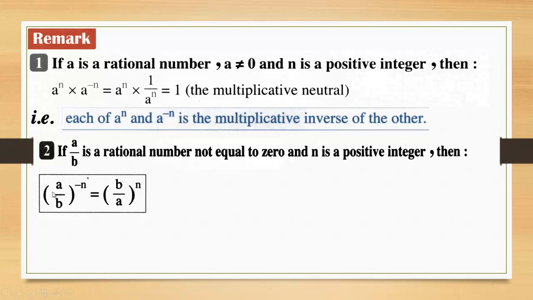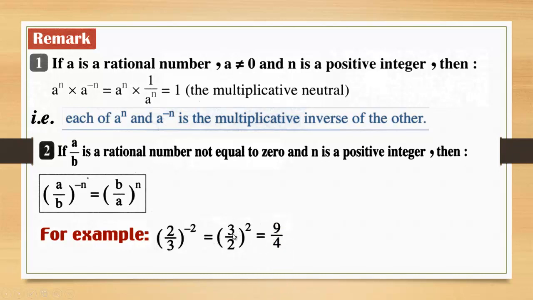What do we do? We take the multiplicative inverse of this fraction and change the sign of the power. a over b converts to b over a, and negative n converts to n. So, for example, 2 over 3 all power negative 2 equals 3 over 2 all power 2, which equals 9 over 4. If we get a fraction, we simplify it.